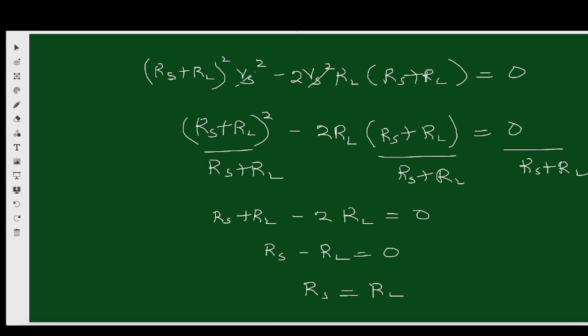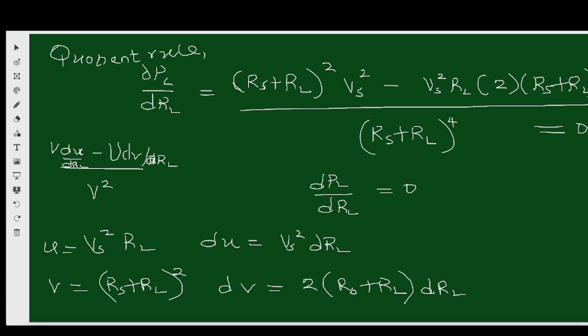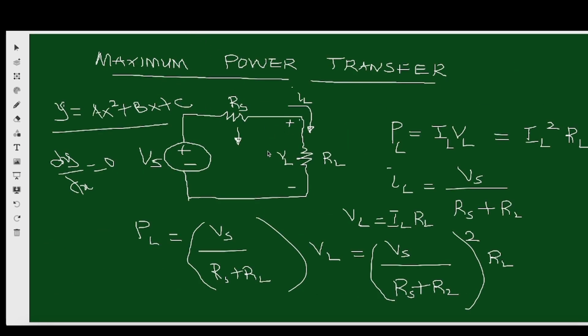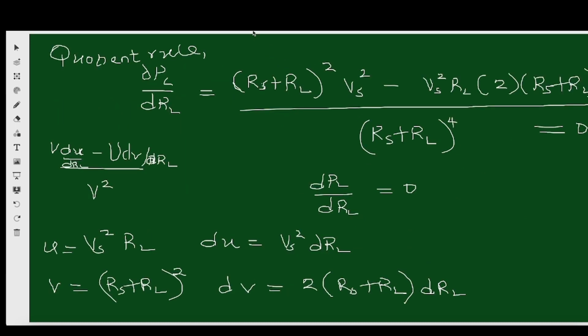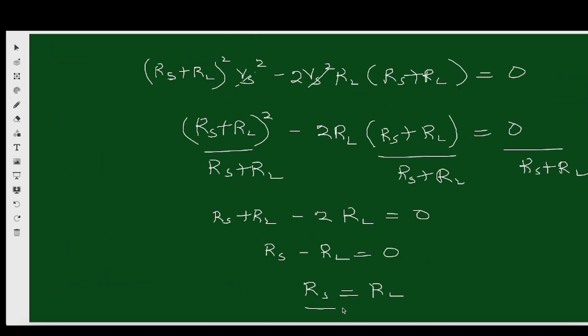So let me use the naming convention we use there. An independent voltage source in series with a resistor Rs, or an independent current source in parallel with a resistance Rs, delivers maximum power to a load resistance RL, right, such that RL is equals to Rs.